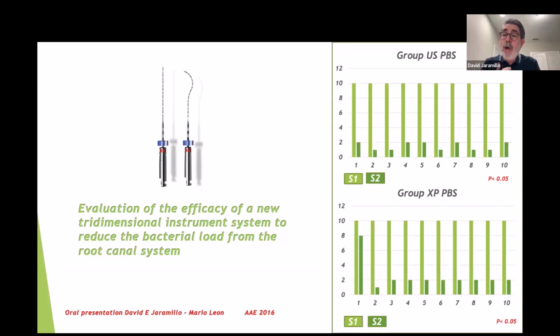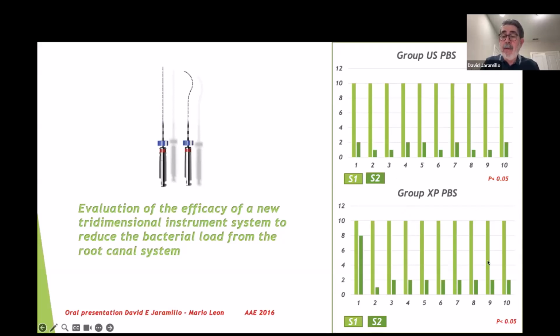So we used water because we wanted to see the mechanical aspect. Well, not water, but buffer, phosphate buffer solution. And here we see the graphs of S1. S1, let's remember, is the initial count of the colony-forming units from the infected root canal, and S2 is the measurement after we did the treatment.